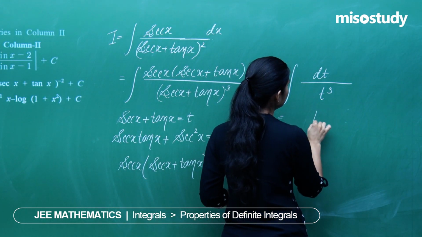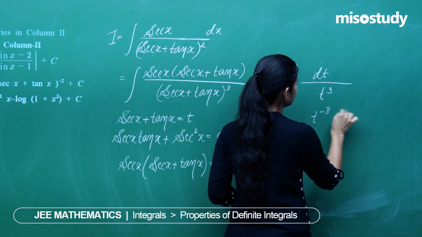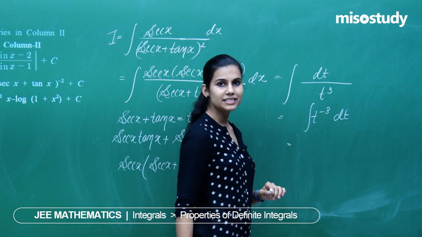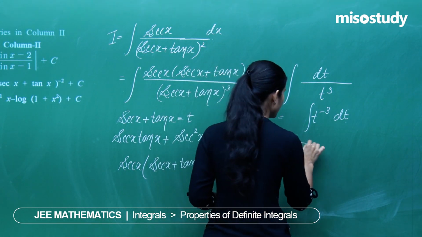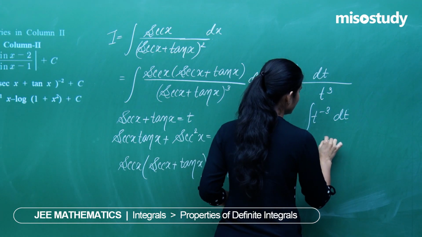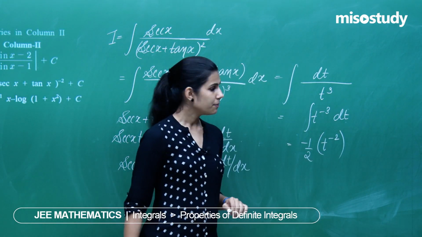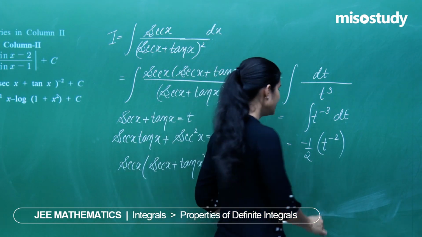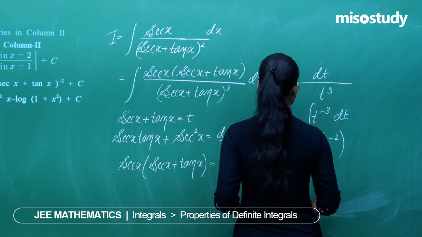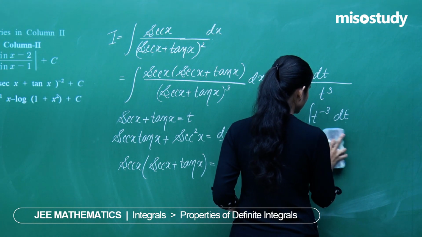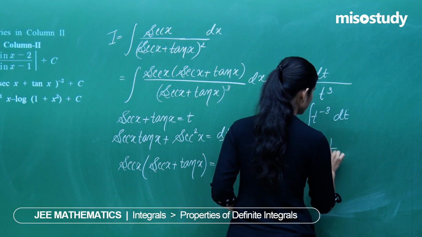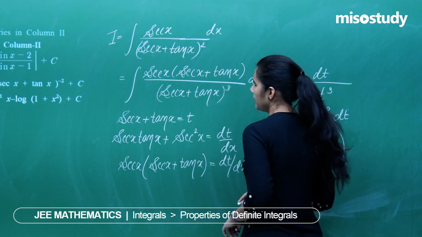This comes out to be t to the power minus 3 dt, which is t to the power (minus 3 plus 1) upon (minus 3 plus 1). This is t to the power minus 2 upon minus 2, or I can say this is minus 1 upon 2t square. Then what is t?